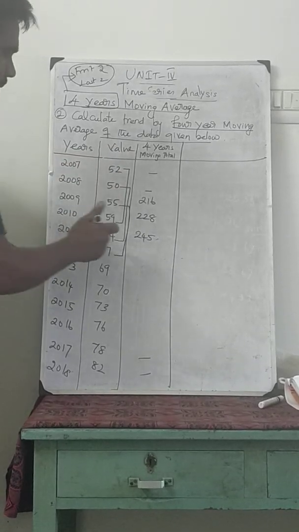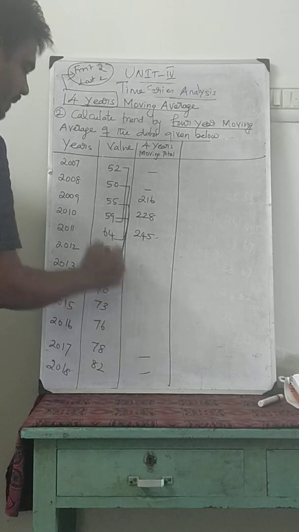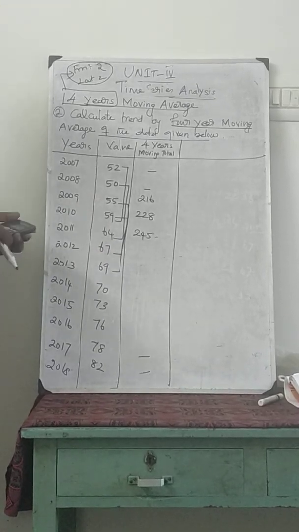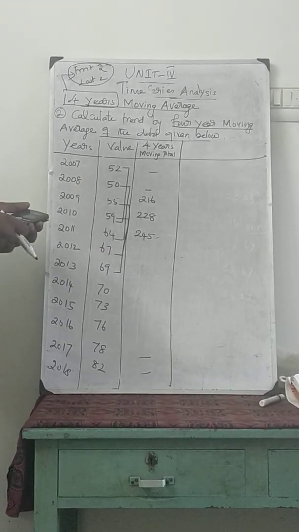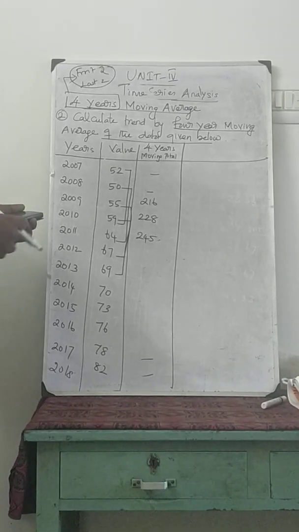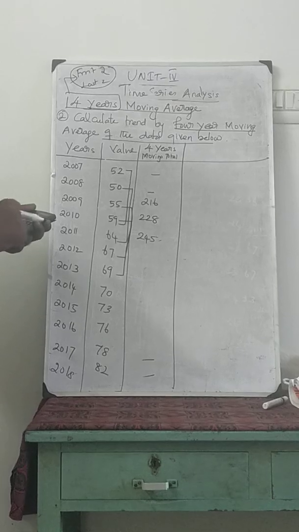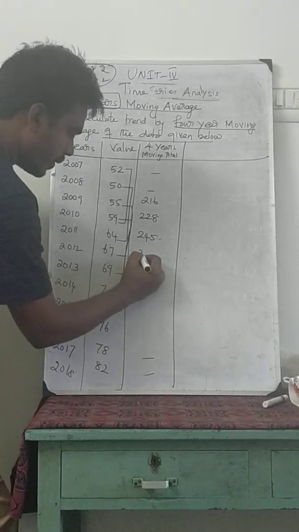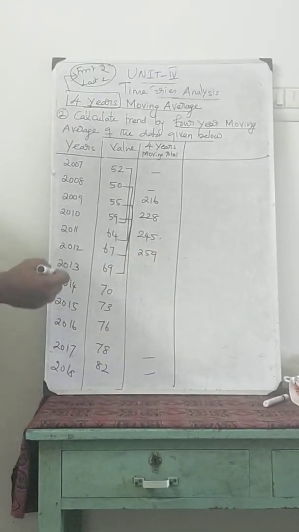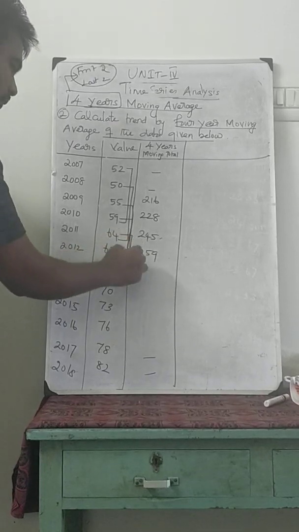The next one is 59 to 69: 59 plus 64 plus 67 plus 69 is 259, in between. Okay.